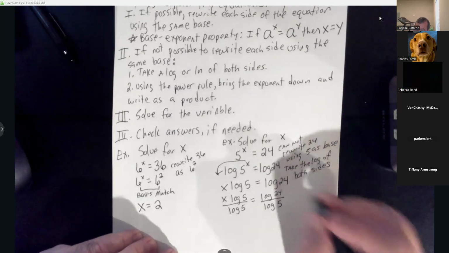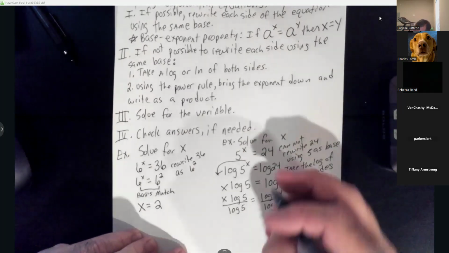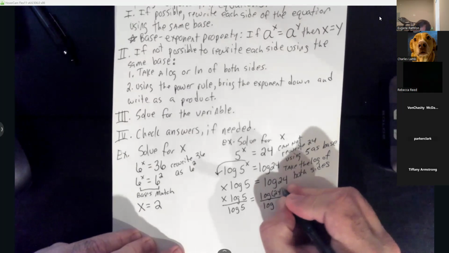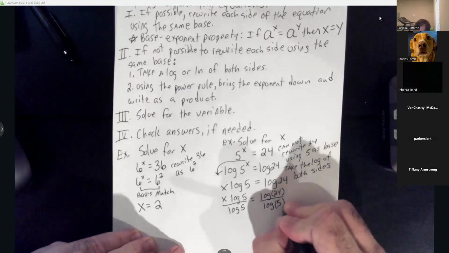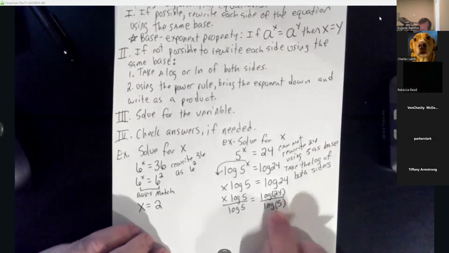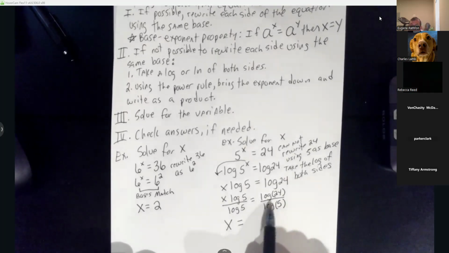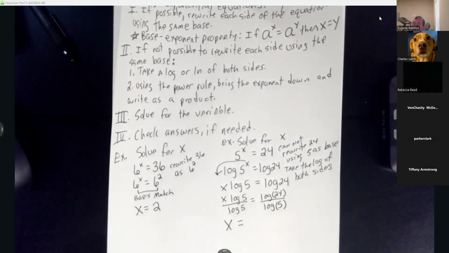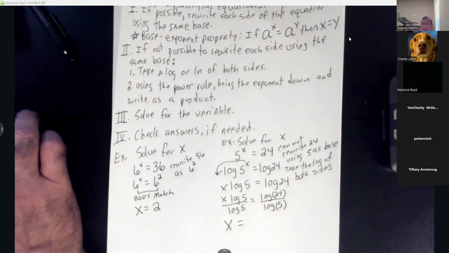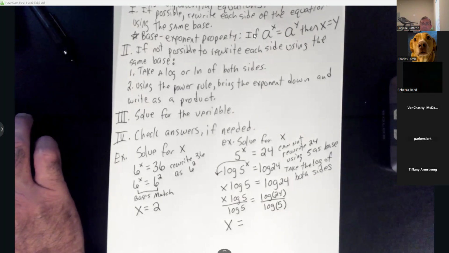Now, in your calculator, when you do this, you want to close those parentheses around those logs, okay? And on the ones where you have to do the logs, you're going to have to round them to 4 decimal places. So let me go to my calculator and let's see what we get on this.